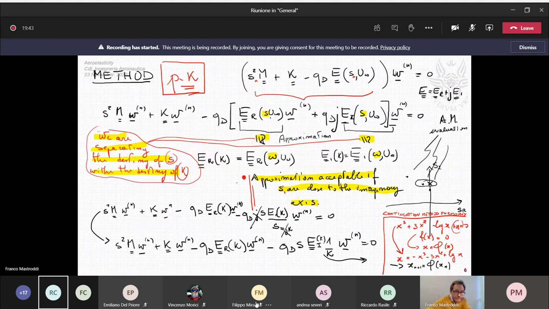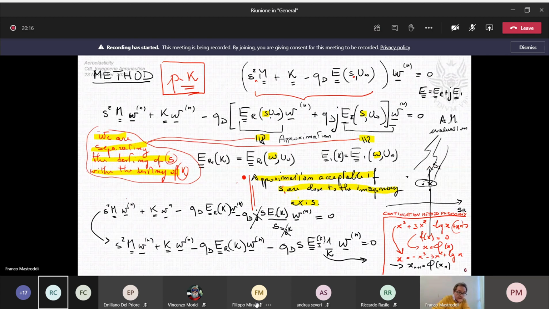Then we essentially consider the aerodynamic part as independent of the frequency, in the sense that we will not consider that the dependency on omega, or on the Laplace variable, is exactly the same dependency of the rest of the system, including the inertial force.